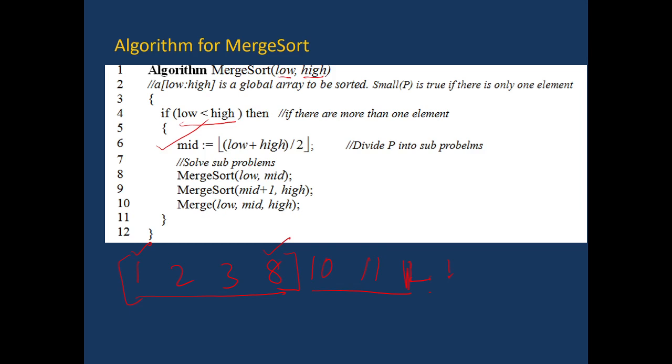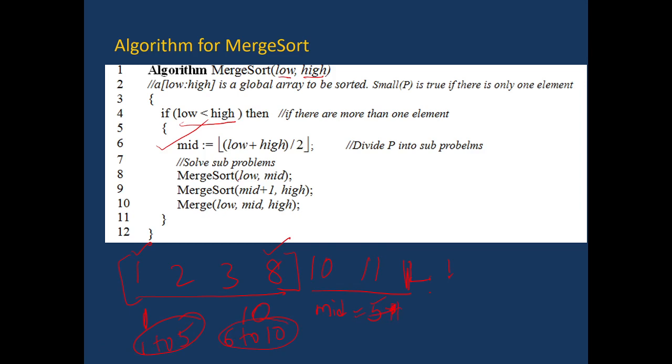So what is the first half? If my lower boundary is 1, upper boundary is 10, what is the mid value? 5. So the first half is from 1 to 5, the second half is from 6 to 10, right? So the first half lower boundary is 1, upper boundary is 5. The second half lower boundary is 6, that is nothing but mid plus 1, right?